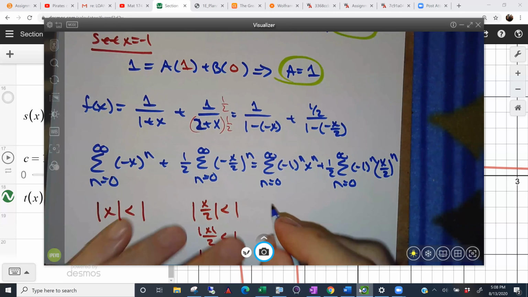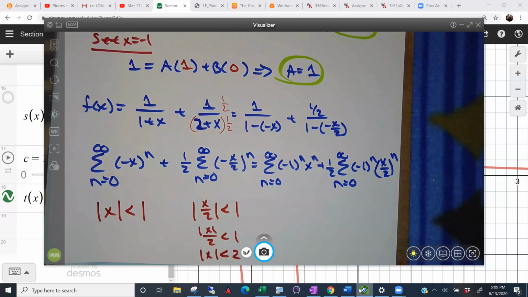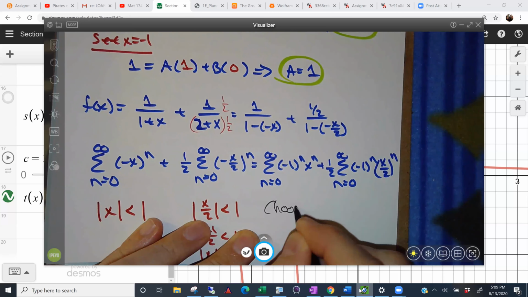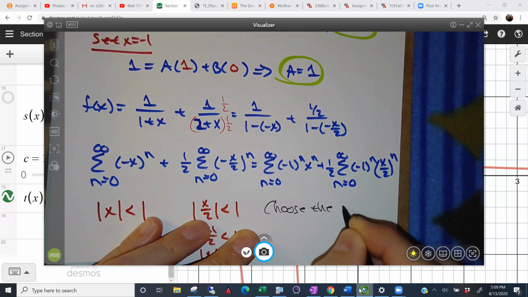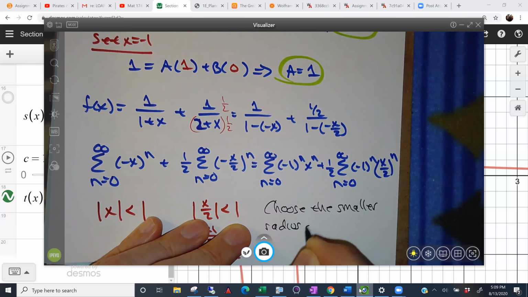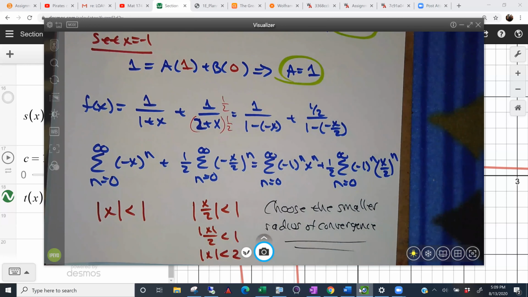So choose the smaller radius of convergence.